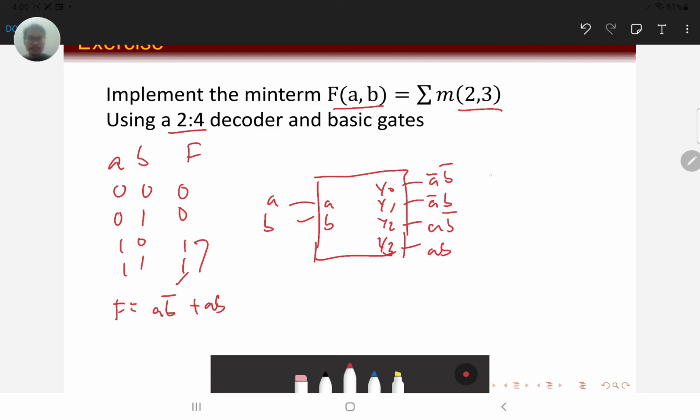Here we can see that A B bar is from here, and AB is from here, so we can simply put the OR gate and make it equal to F. And here we have the truth table implementation using a decoder and also some basic gates.